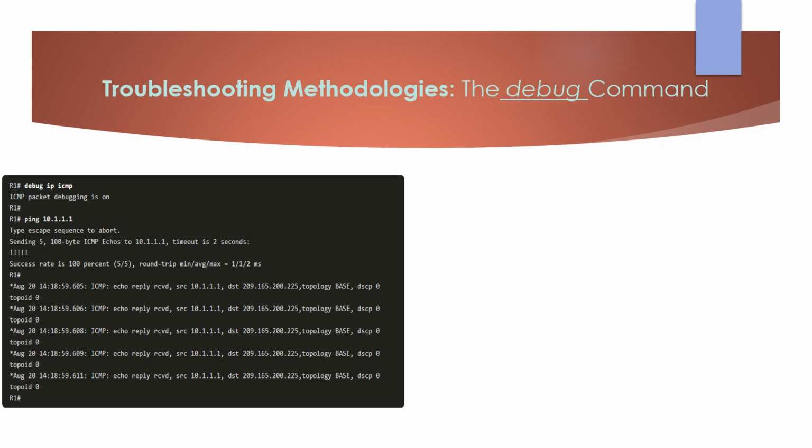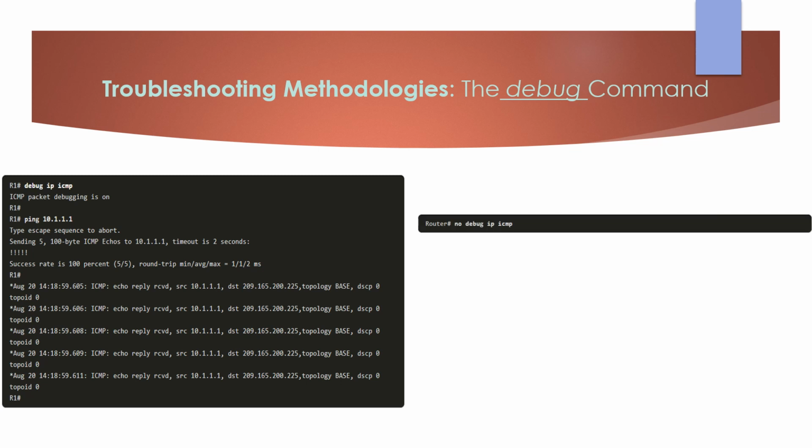To list a brief description of all the debugging commands, we use the command debug followed by a question mark in the privileged access mode at the command line. If you need to turn off a specific debugging feature, we use the no keyword in front of the debug command, as it is shown here in this example.